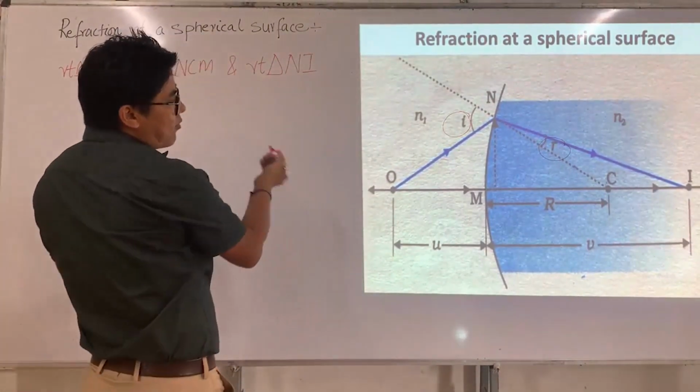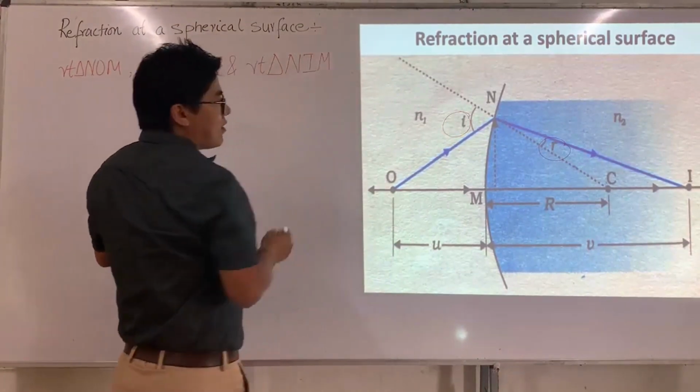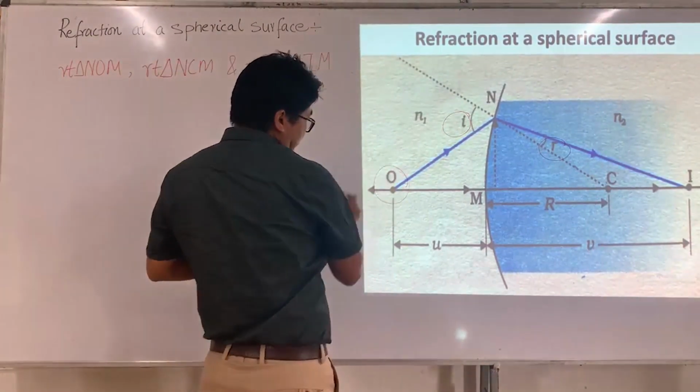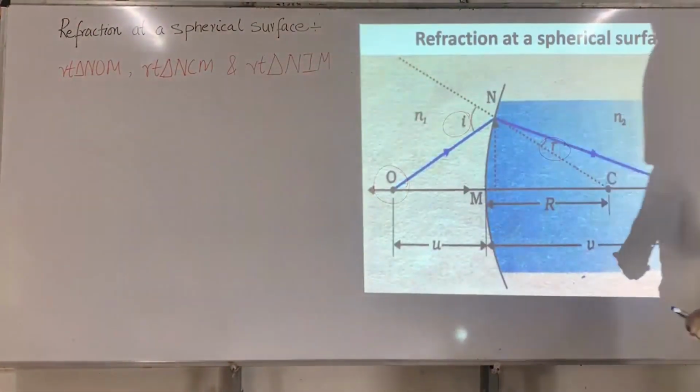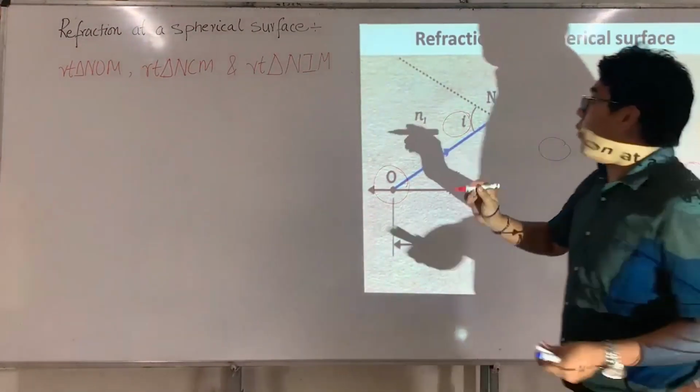Whether you take C or M doesn't make any difference. These are the three right triangles, and this is the object O and this is the image of the object O.